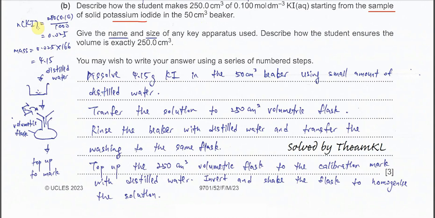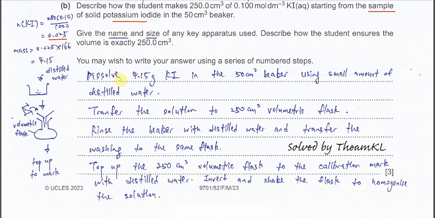First, we need to get the mole, because we need to prepare 250 cm³ of 0.1 mole per dm³. So we just use MV over 1000, and we get this mole. This is the mole of KI needed for the preparation. Times its molar mass, 166, we get 4.15 gram. So the mass needed to prepare this concentration with this volume will be 4.15 gram.